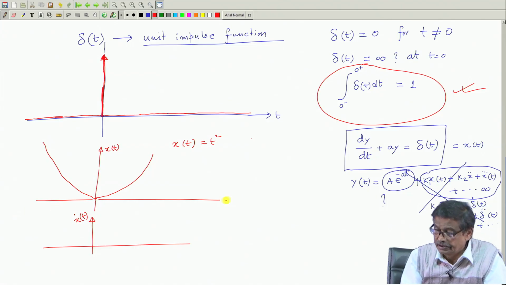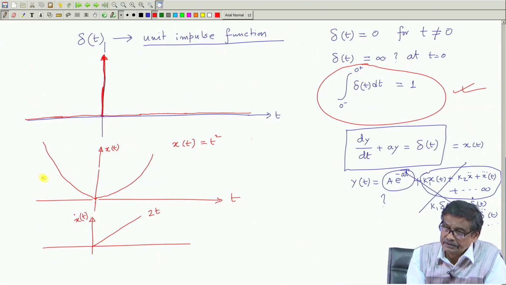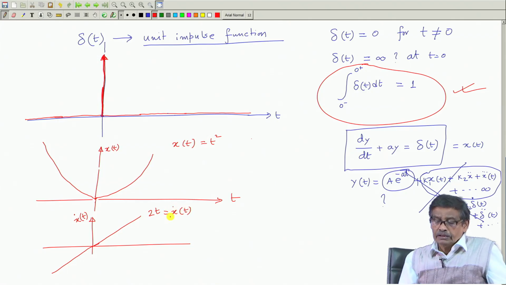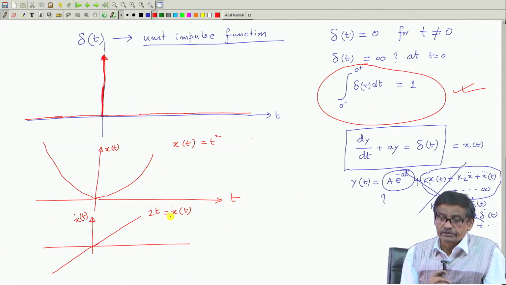From minus infinity to plus infinity on the time axis, this is x t equal to t square, parabolic, and if you differentiate it, it will become 2 t like this, and on the negative side the slope will be negative. So, this is 2 t which is equal to x dot t, got the point. So, for any function given, we can find x dot t.